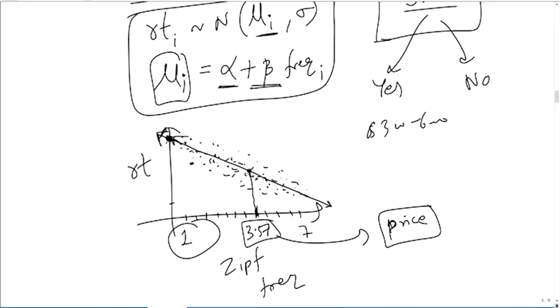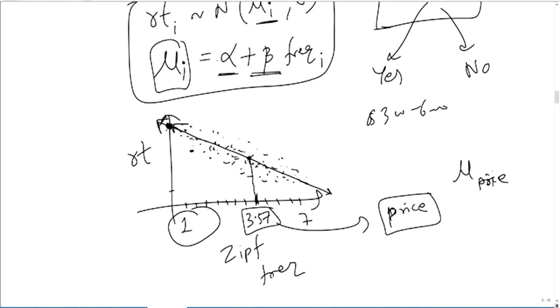Okay, what this equation is telling you, or what this regression fit is telling, so when you estimate the model parameters, you will get some value of mu i for this particular word. So the average recognition time for this word price, because you have the frequency of this word and you will have the values of alpha and beta, so you'll get the average recognition time for this word price.